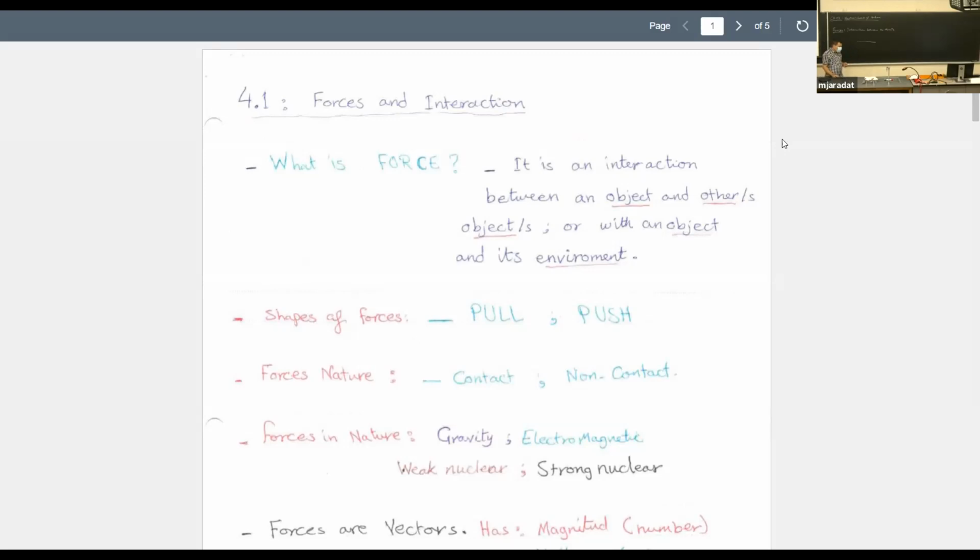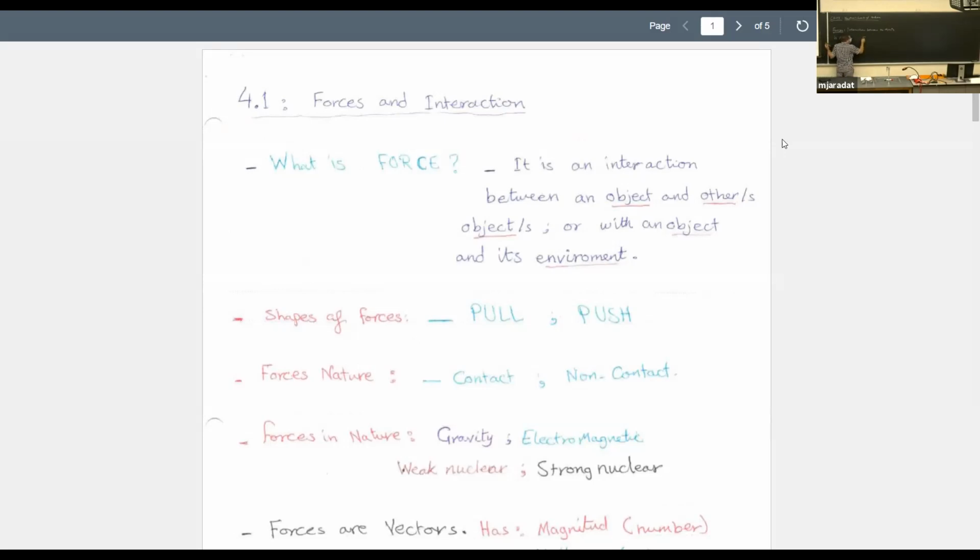All of them, we need to deal with as vectors. So the force is a vector.